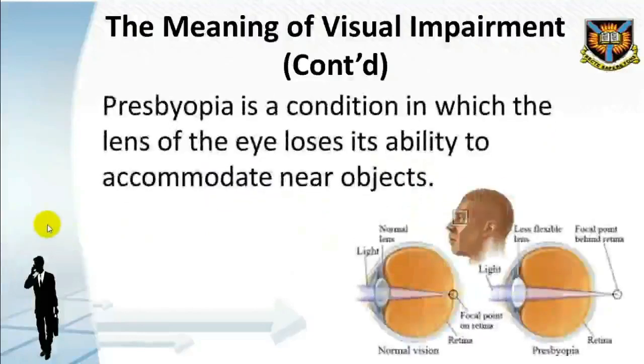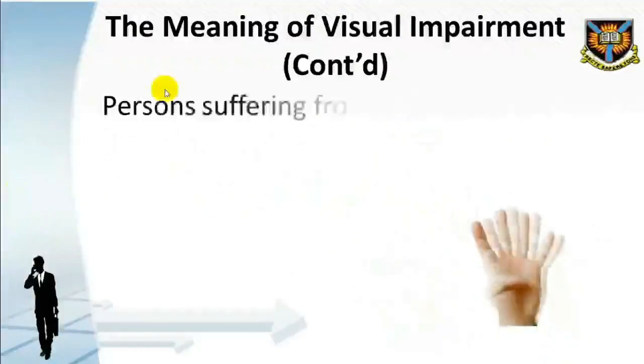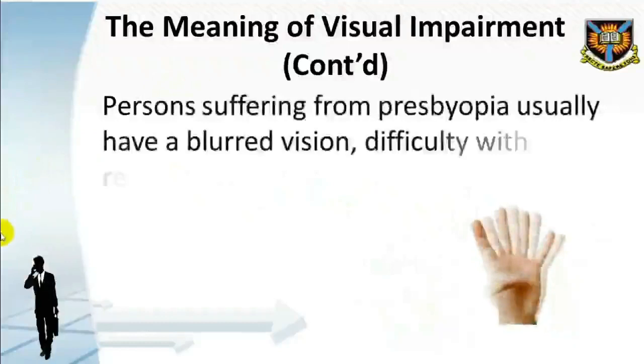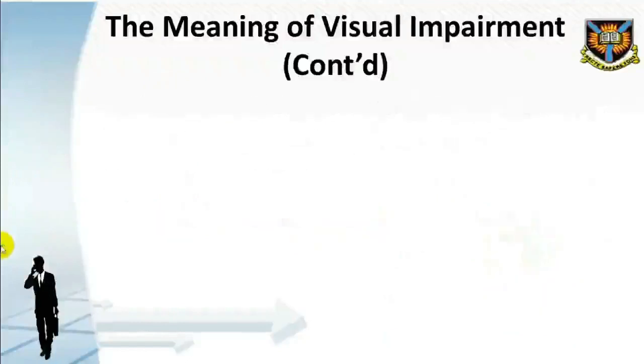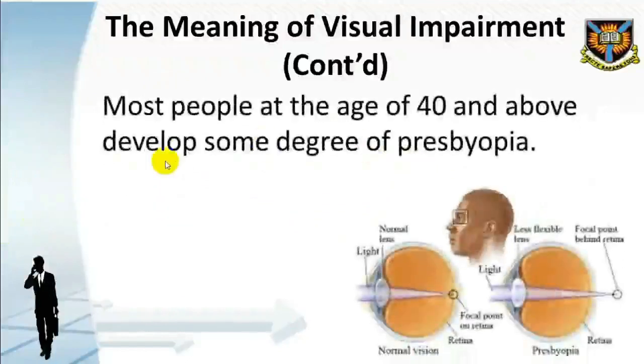Presbyopia is a condition in which the lens of the eye loses its ability to accommodate near objects. Persons suffering from presbyopia usually have blurred vision, difficulty with reading, and experience tired eyes or aches while doing close work. Most people at the age of 40 and above develop some degree of presbyopia.